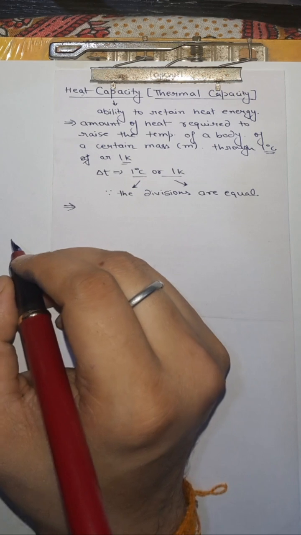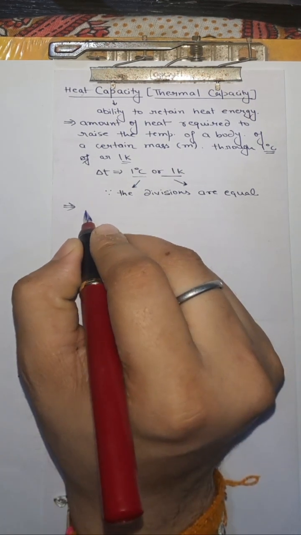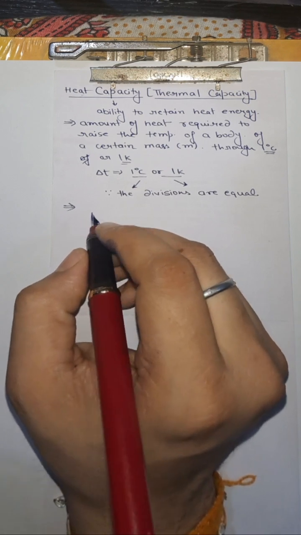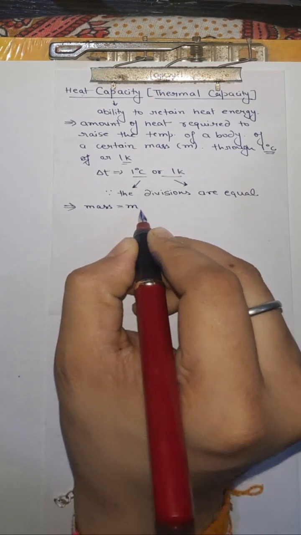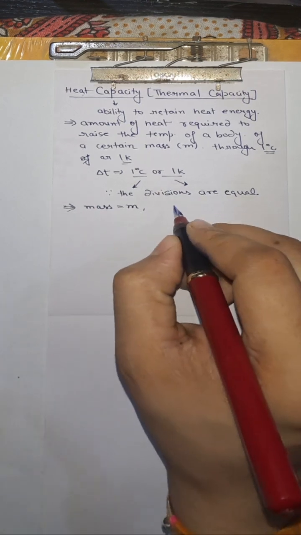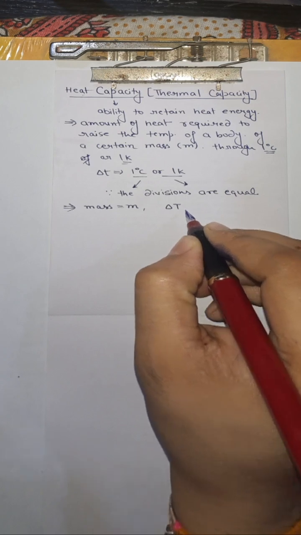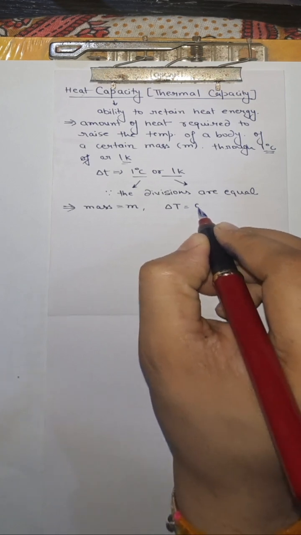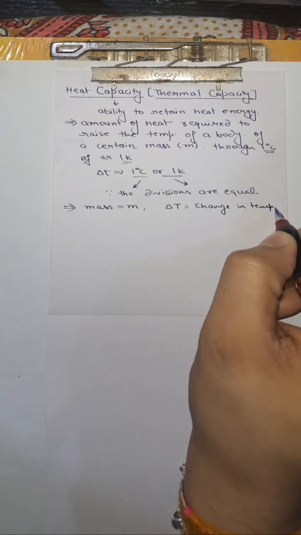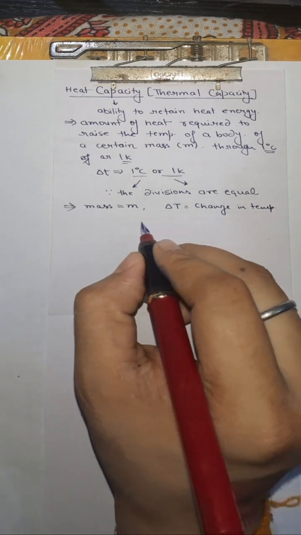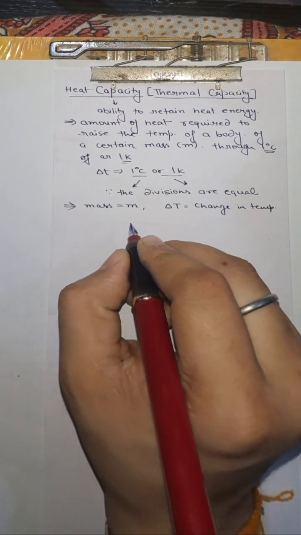Now, next point, this heat capacity. Let whatever be the heat given to the object of the mass m, and the change in temperature delta T, and the specific heat capacity.